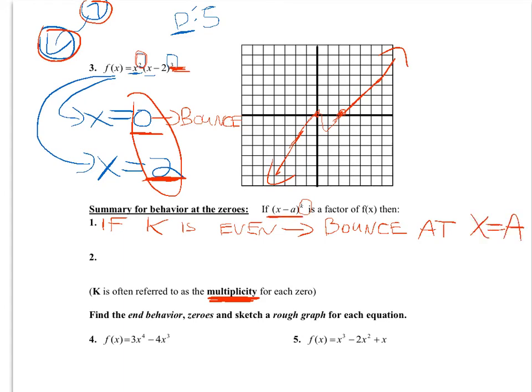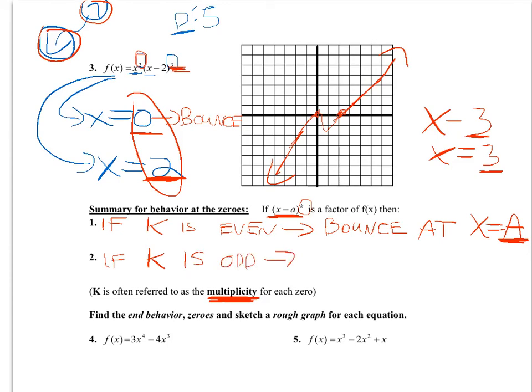All right, because if it's x minus a, then a is the zero. It's like saying if x minus 3 was a factor, x equals 3 is the zero. So that's why I use this a. I put numbers in here just to make it more concrete. Now the next one, if k is odd, then the graph is going to go straight through.